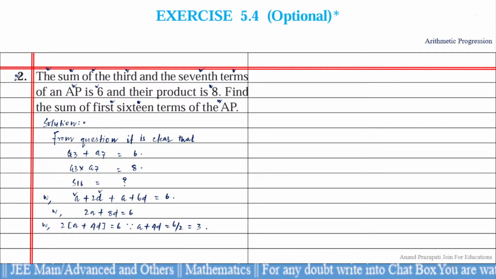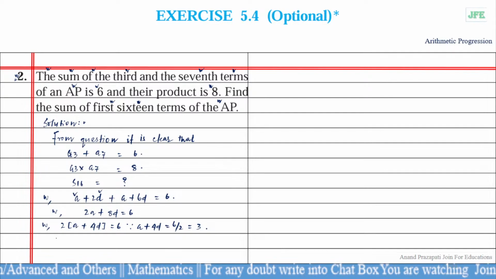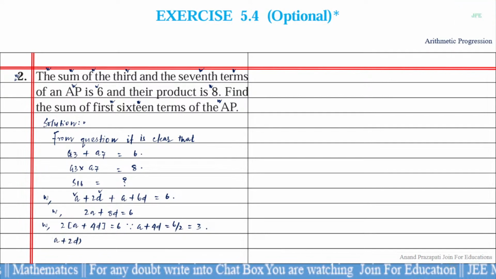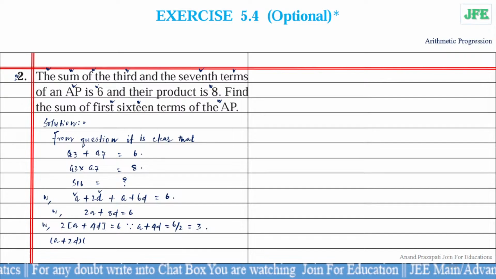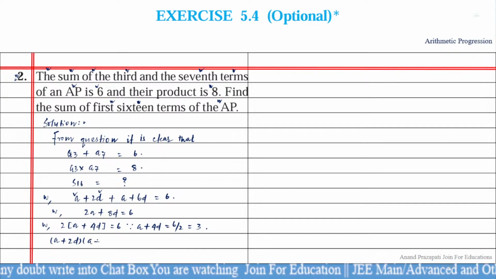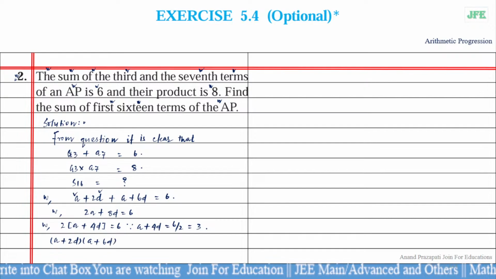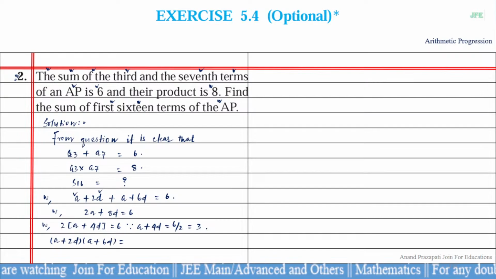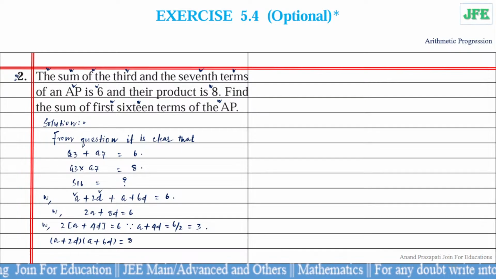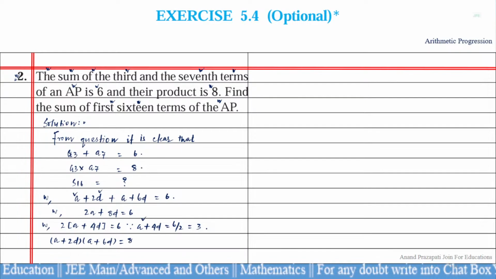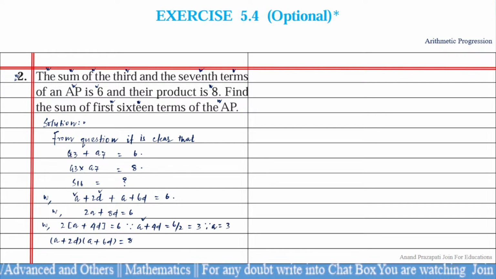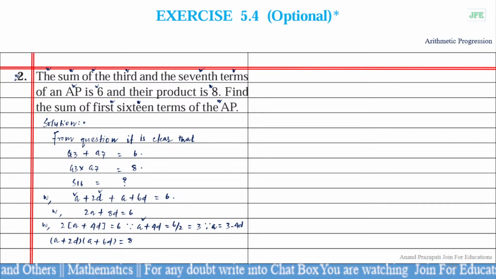Again A3 into A7 equal to 8. Therefore (a plus 2d) into (a plus 6d) equal to 8. From here a will be 3 minus 4d.